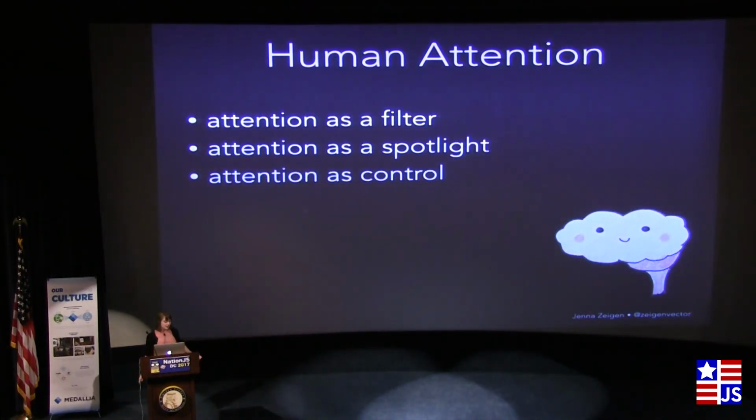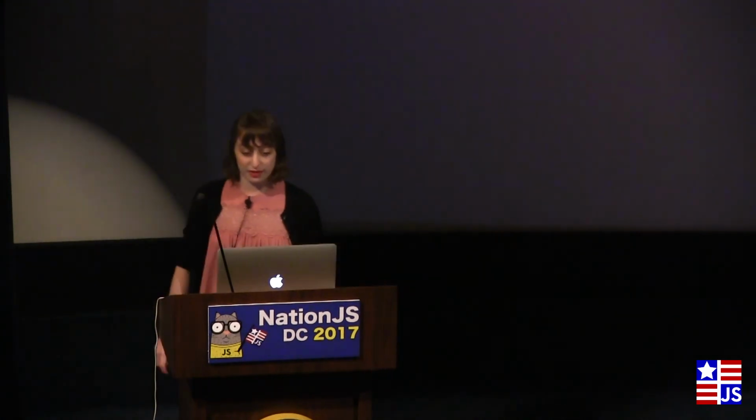But I can't really figure out a way that this is going to work to talk about anything in computers. But my programming brain started thinking about attention as threads, and then there's something to talk about.